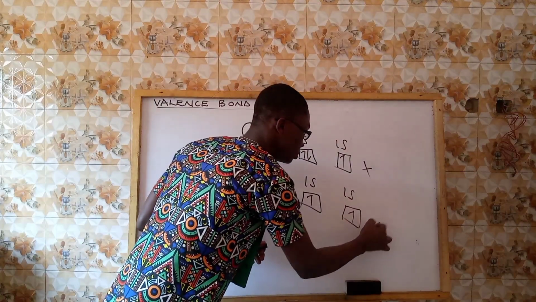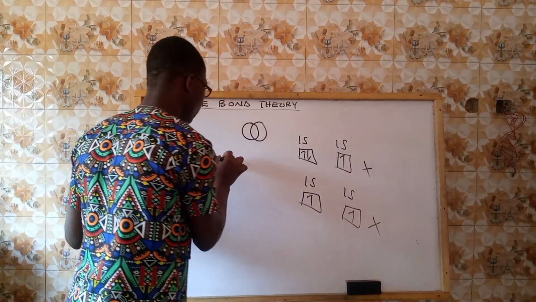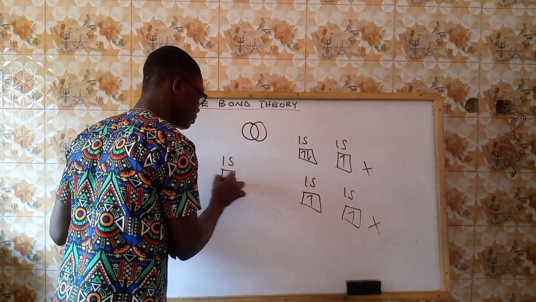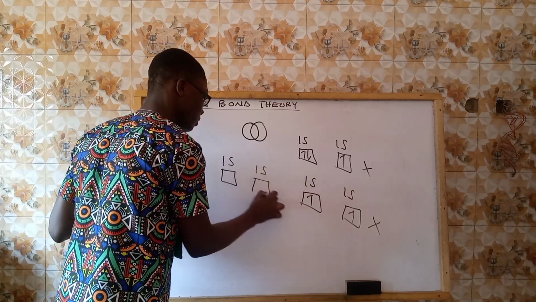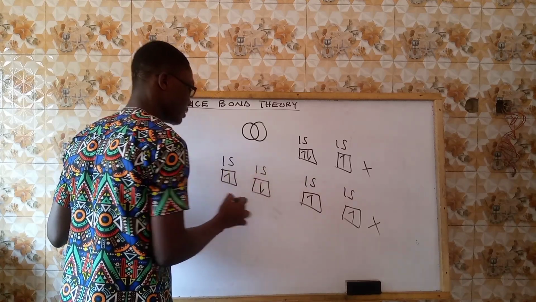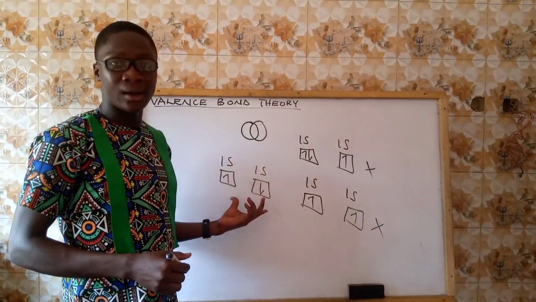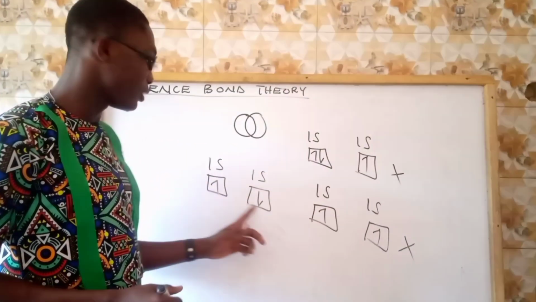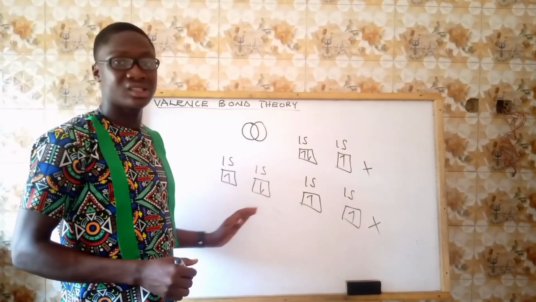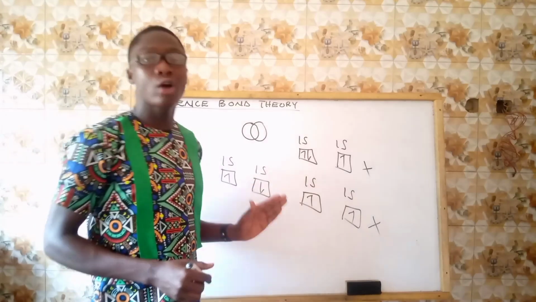So these two can't overlap. Now we have 1s here and 1s here, and these two orbitals can overlap because they are half filled and they have opposite spin. So this is the requirement.